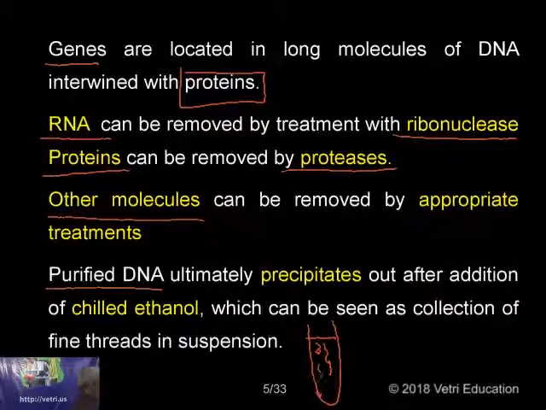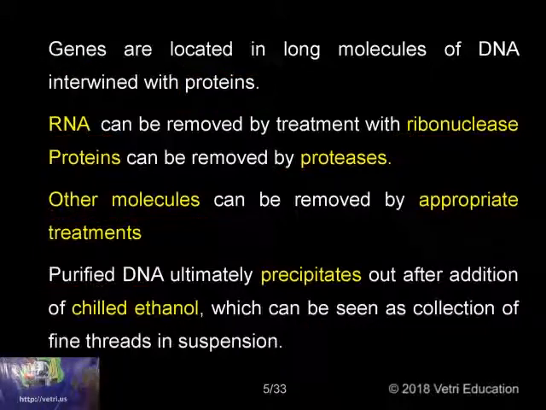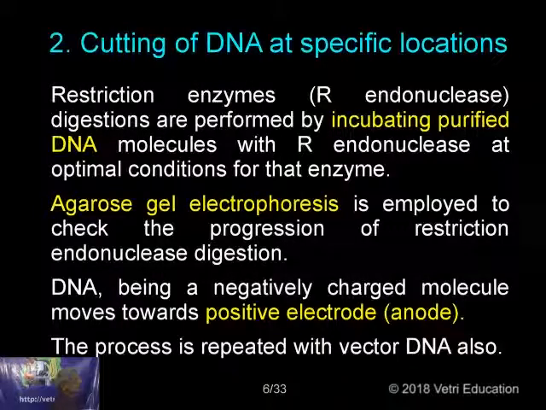Finally, when you remove all the unwanted structures, what are the unwanted structures? The RNA, proteins, and the other molecules. If you are able to remove them, then when you add the chilled ethanol, you will be able to see them as fine threads. So that is step number 1, which is known as isolation.